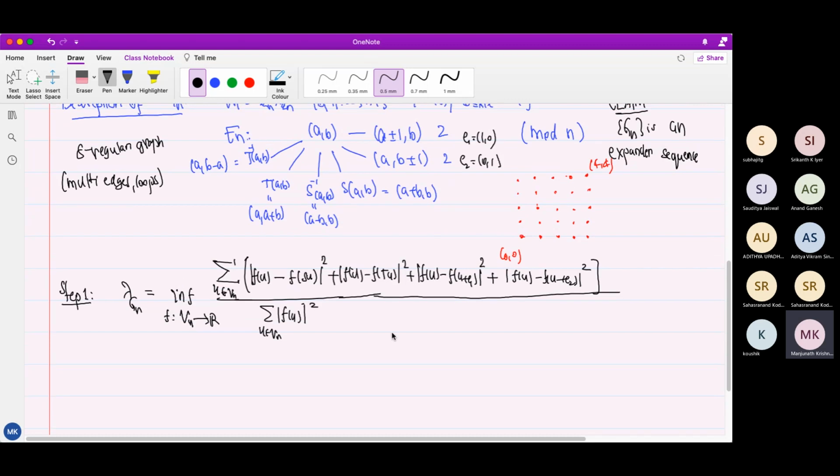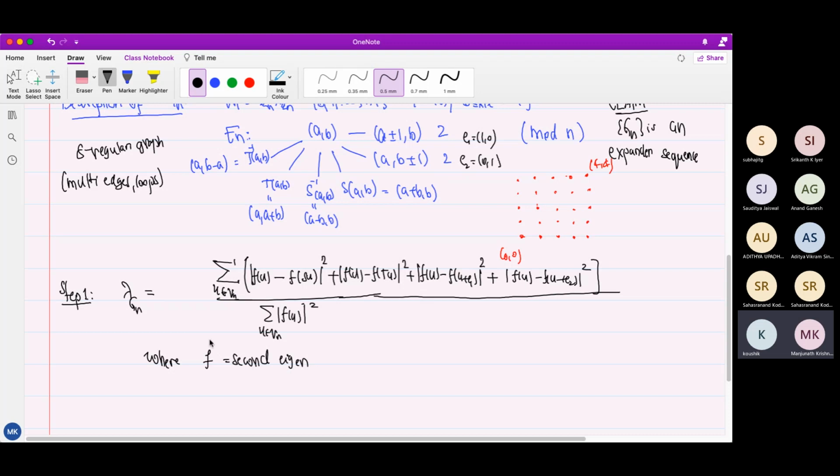Now, what we will do is that this is true, with equality when, let me remove the infimum and just say let's choose f to be the second eigenvector. No, but you have to normalize, the sum of f is 0, right?